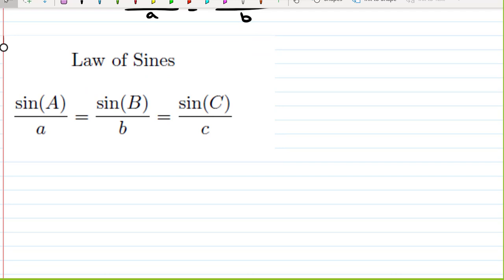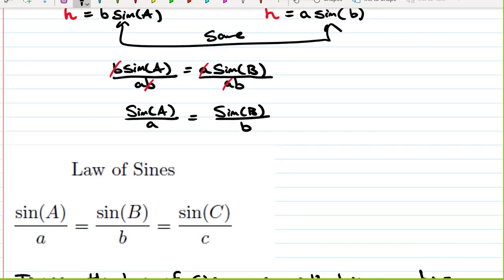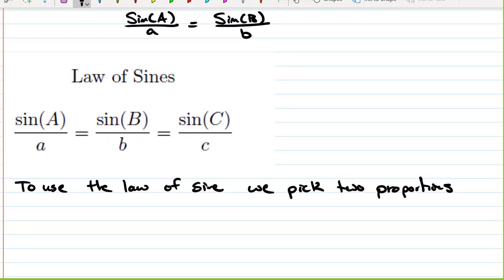To use the law of sines, we pick two proportions. What I mean by that is we would pick something like sine A over a equals sine B over b. We must know three of the four values in the proportion.